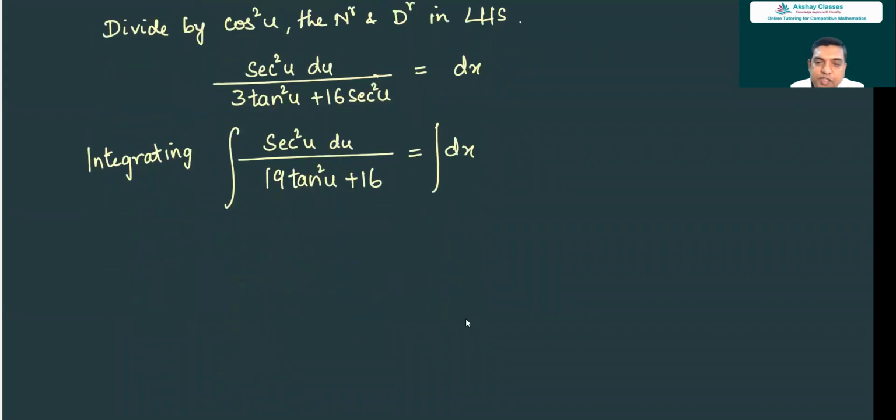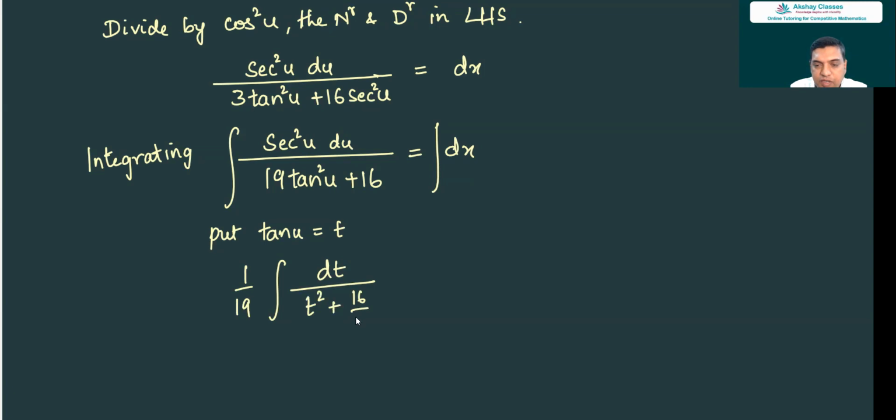Now when you do a substitution, put tan u equal to t. I'll take this 19 outside. Secant square u du will be dt. And this is t square plus 16 upon 19.